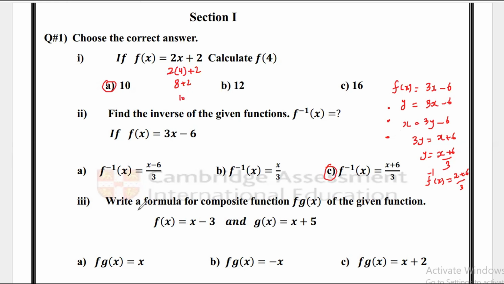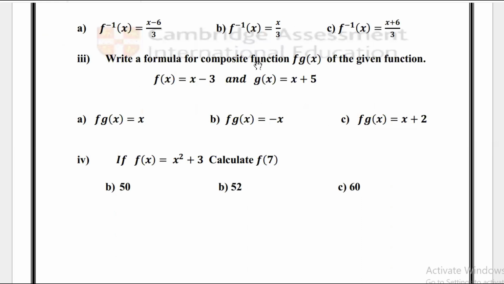Next is write the formula for the composite. We know a function followed by another function is called the composite function. Here we have two given functions, f of x and g of x. They are saying that f g of x equals x, or minus x, or x plus 2.